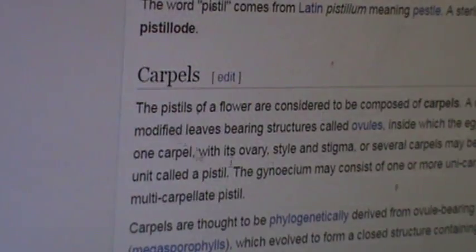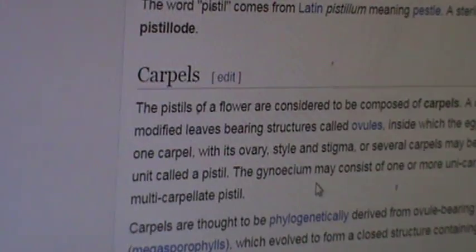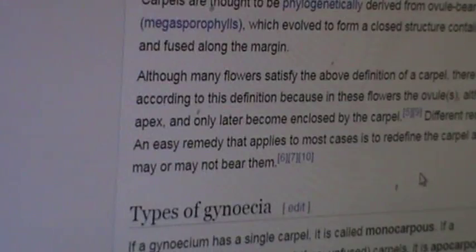Oh, so the pistil is the larger word, because a pistil may consist of several carpals fused together. Fine.